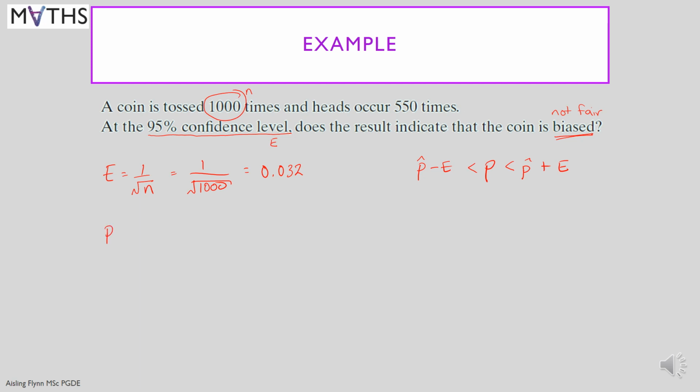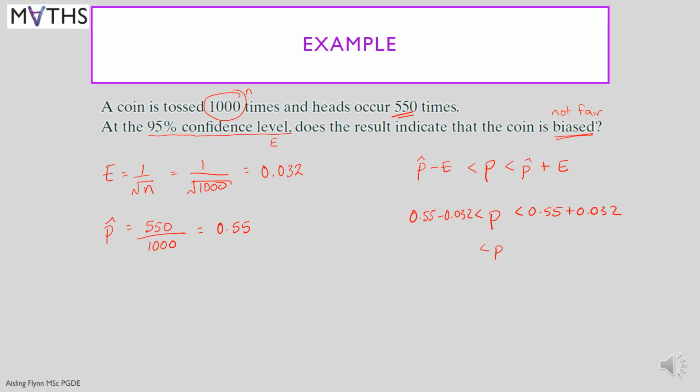So the sample proportion p hat is what actually happened. Well, 550 times the coin landed on heads, 550 out of 1,000. 550 divided by 1,000 gives 0.55. So the true proportion is likely to lie between 0.55 minus 0.032 and 0.55 plus 0.032.